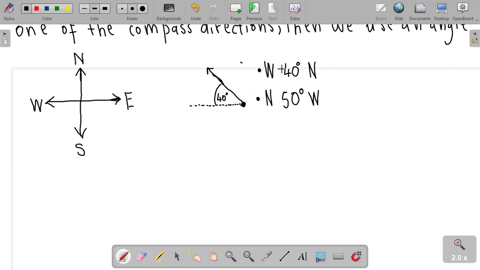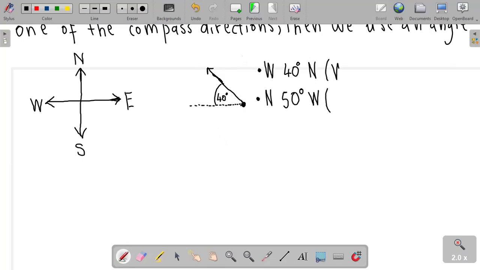So this means you start from the north, then you go 50 degrees west, like this. If you start from the north, you must go 50 degrees to the west. If you start west, then you must go 40 degrees north. So each one of the two is acceptable. We can also use words.